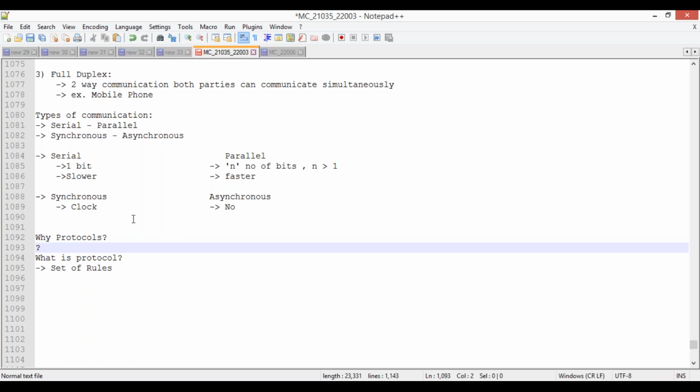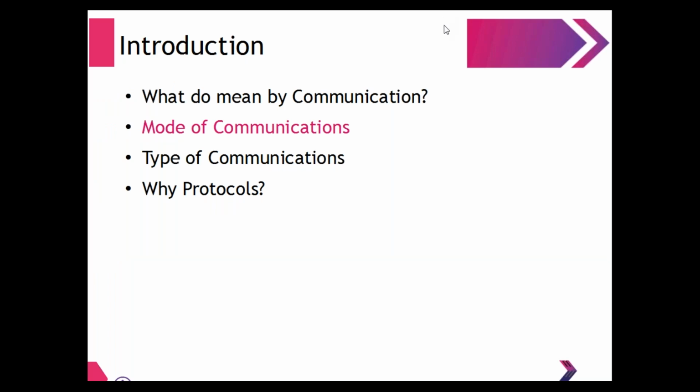Using pulses or signals, right? Those pulses and signals have to be interpreted on a common platform. So there should be some rules: how do I send the signal, and how do I receive the signal? That's why we have to follow the protocol. By following the protocols, communication becomes reliable. Understood this question? Why we need to follow the protocols, people?